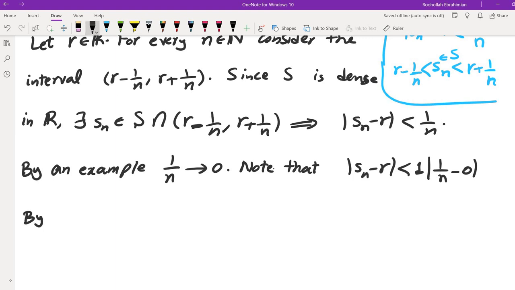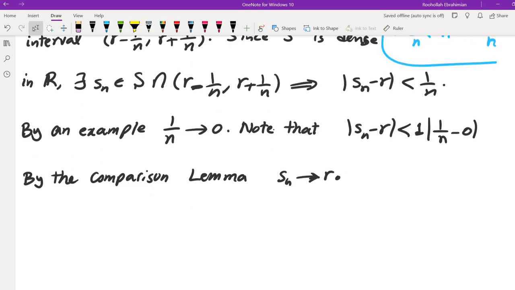So now I can apply the comparison lemma. By the comparison lemma, Sn converges to r. So every real number that I take is the limit of a sequence in S.